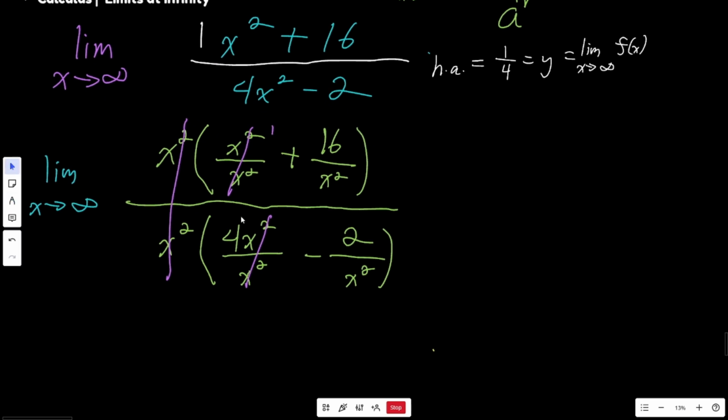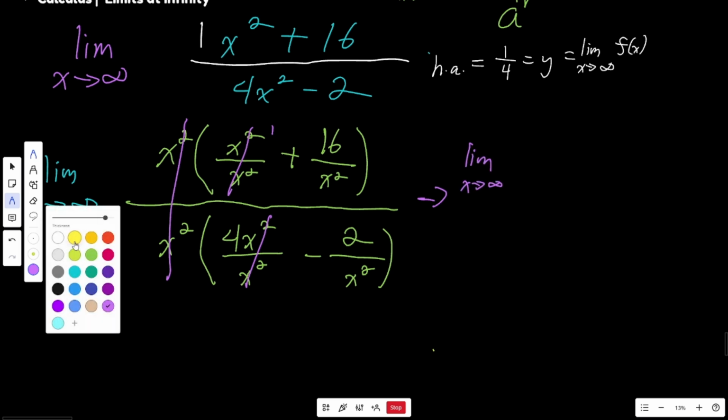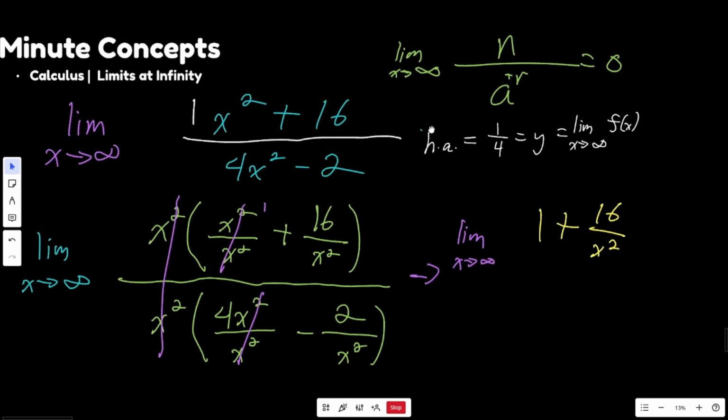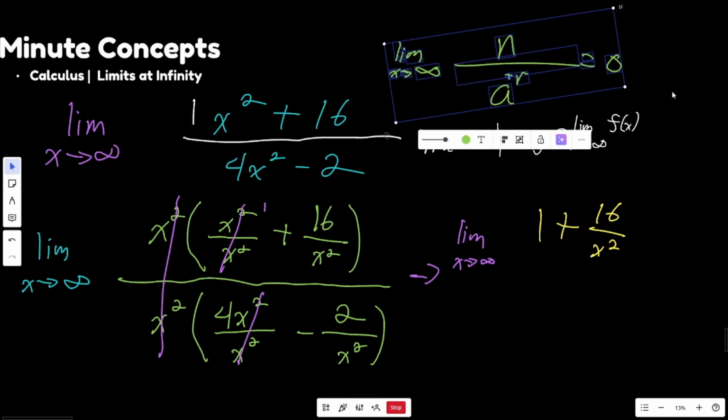Okay, so basically this now becomes the limit as x approaches infinity of 1 plus 16 over x squared. What is 16 over x squared in terms of this limit? 16 over x squared satisfies this condition right here.